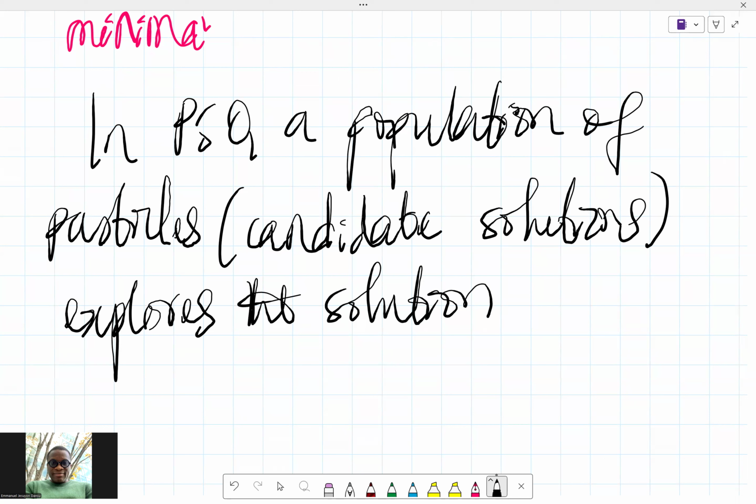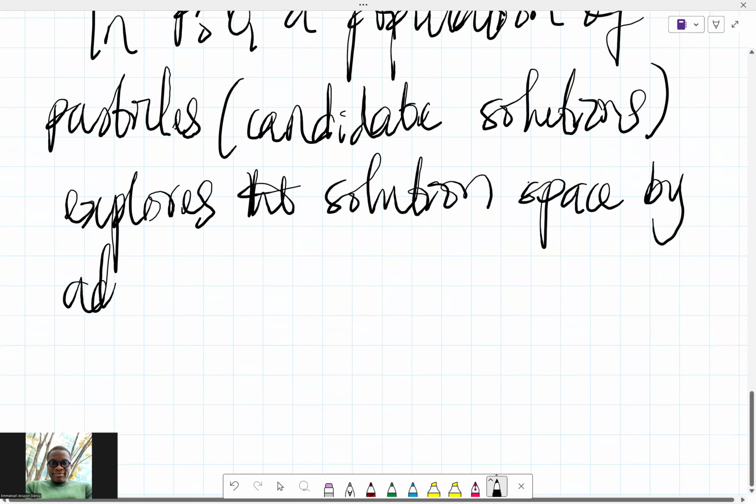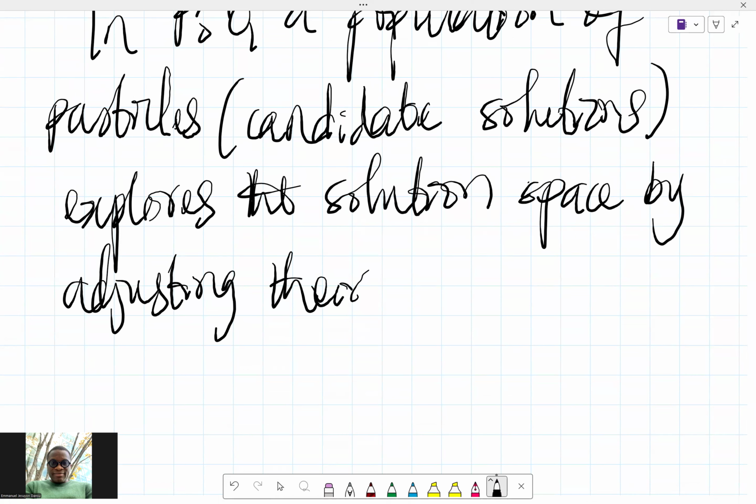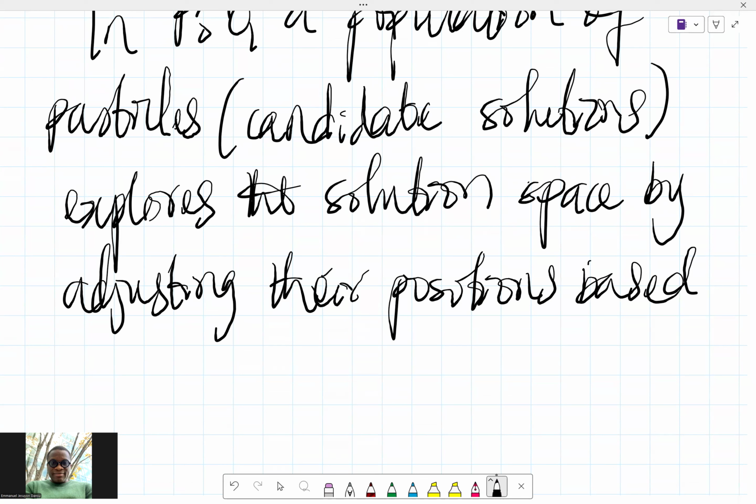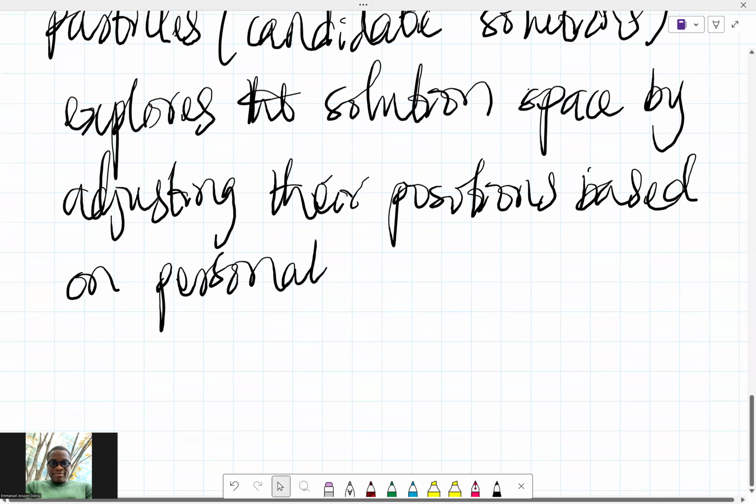They explore the solution space by adjusting their positions based on personal experiences. It's like a bird flying that discovers in a particular location it flaps its wings against another bird, so it doesn't want to go to that place again.